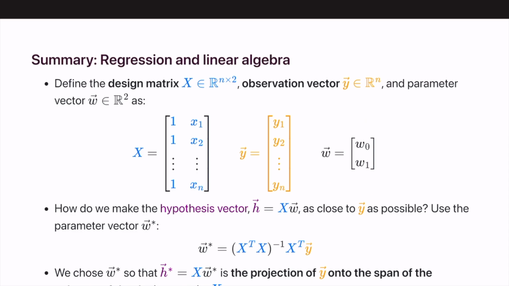So the error vector will be orthogonal to the projection of y onto the span of x, and that really means that our H vector, which is x times our parameter vector, is going to be orthogonal to our error vector, right?